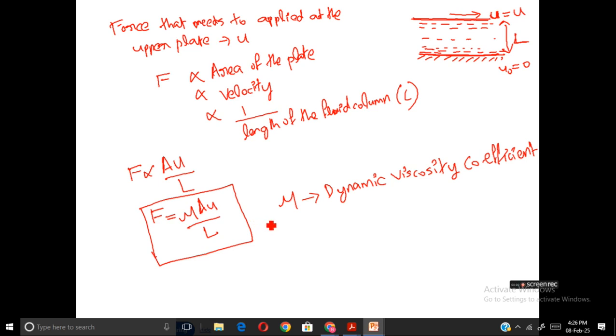Okay, this is the viscous force. The unit of mu is given by Pascal second or Newton second per meter squared. So that is the viscous force.